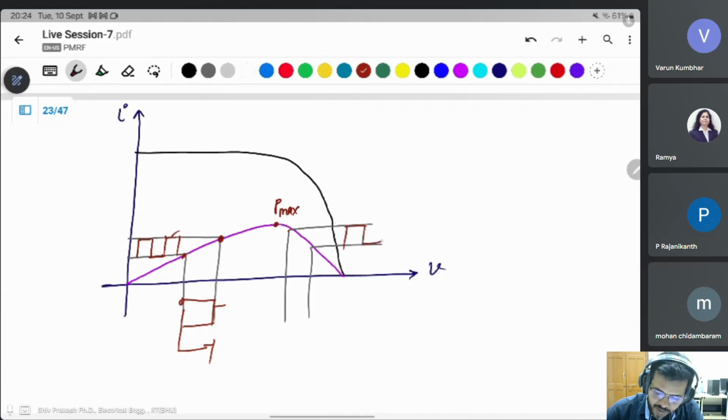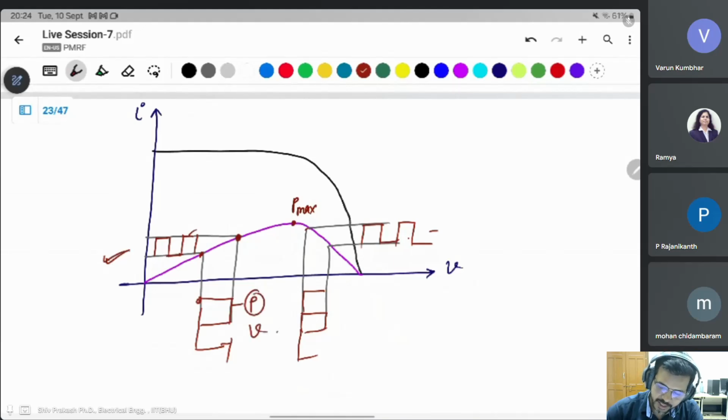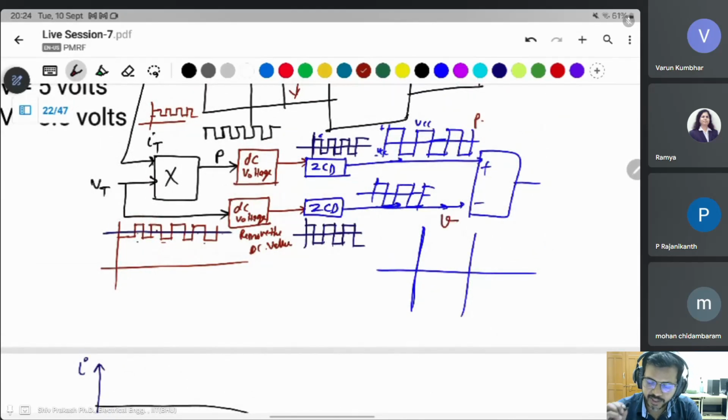Same thing in the second possible case, on the right side of the maximum power, then what is the power, what is the voltage variation. Suppose here somewhere, we take a power P and voltage V here.